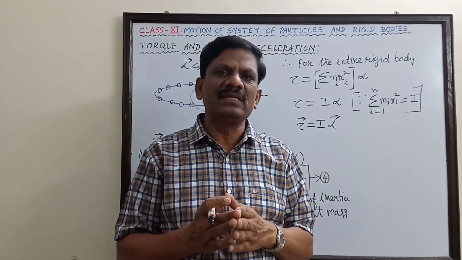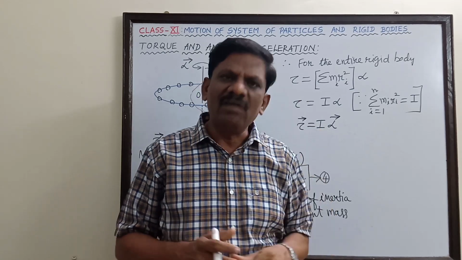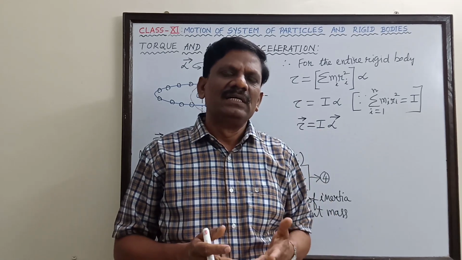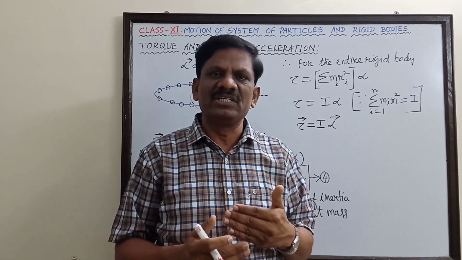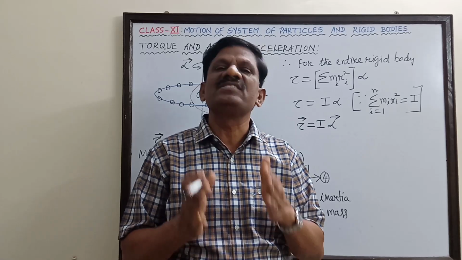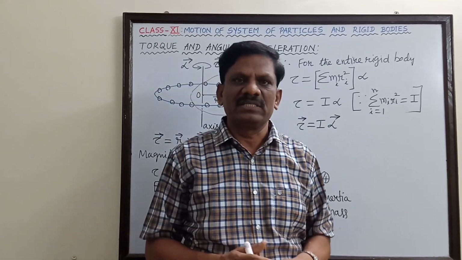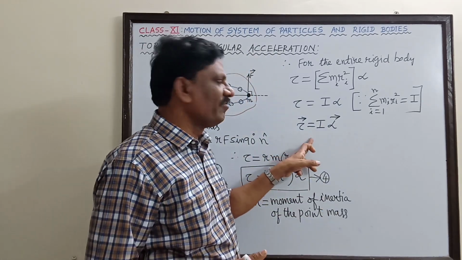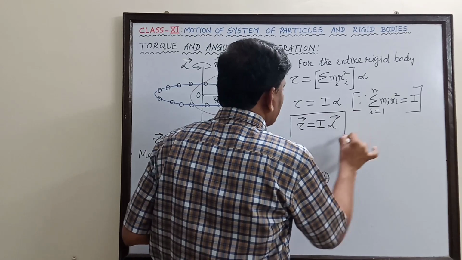In this case alpha and tau are in the same direction. When you switch off, what happens? The acceleration is now in the opposite direction to that of the torque. So the fan slows down and finally stops, because these two vectors are in opposite directions. So this is the vector form of the relationship between the torque and angular acceleration.